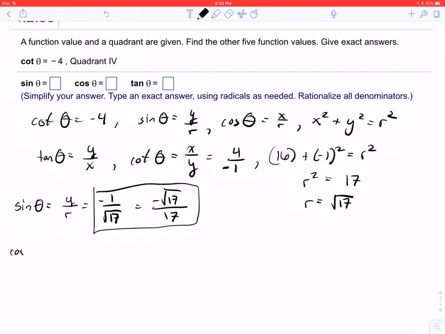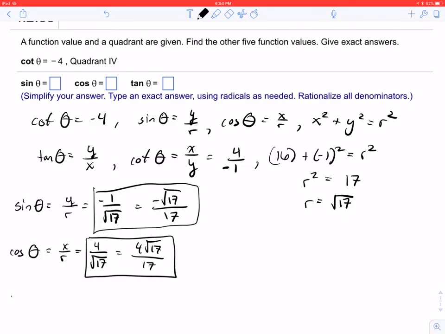So then cosine of theta should be x over r, and we said the x is 4, so this should be 4 over root 17, which is the same as 4 times the root 17 over 17. I'll accept either of these answers. Tan of theta should be like the rise over the run, like slope. So that's y over x, the reciprocal of what was given, so that should be a -1 over 4.